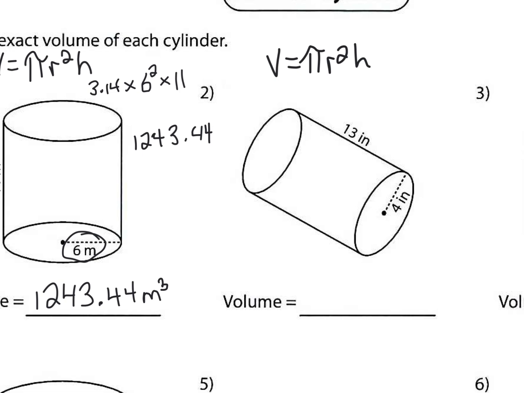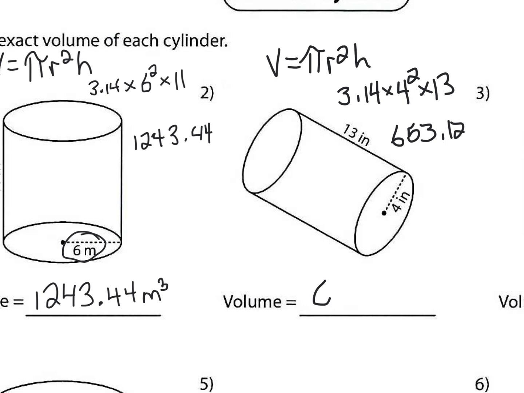So we just take pi, the approximation, 3.14, and we multiply it by 4 squared, and we multiply that by 13. So again, if I pick up my calculator and go 3.14 times 4 x squared times 13, I get 653.12.